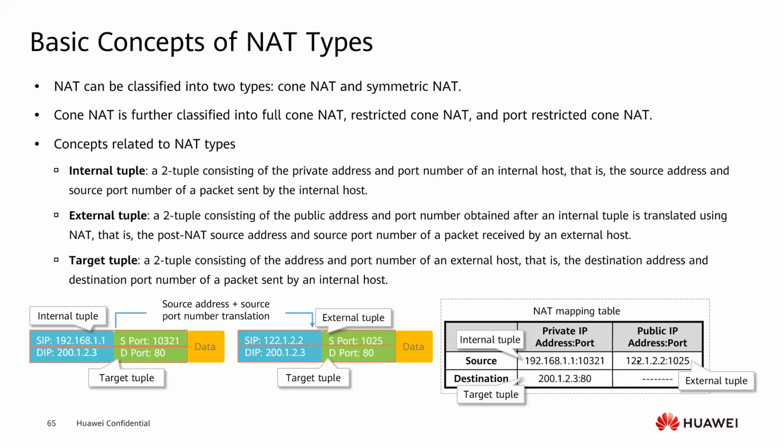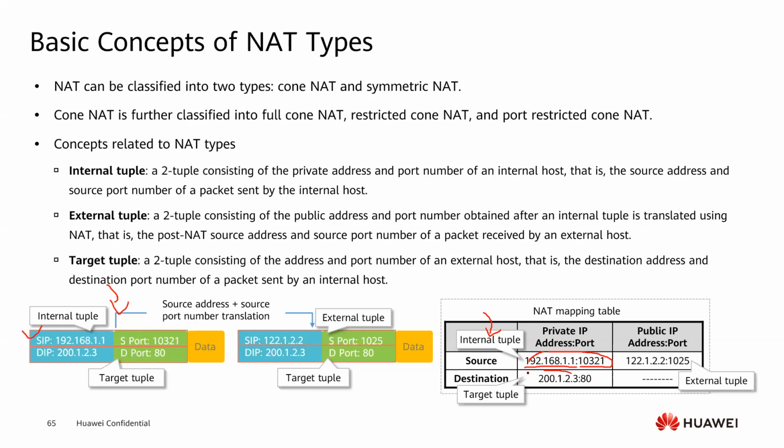We can describe our NAT network with 3 types of tuple. One is the internal tuple. Internal tuple means I have an IP address and a port. This is the inner packet's source IP and source port.